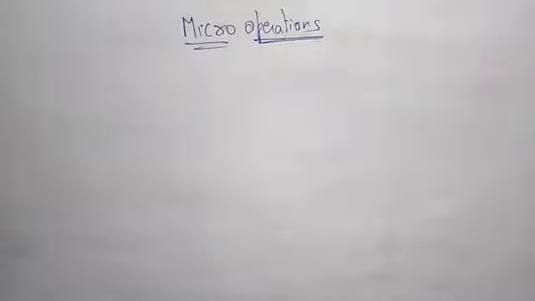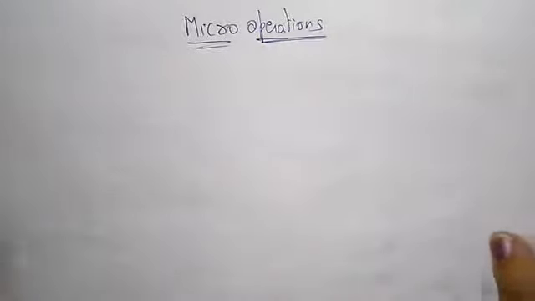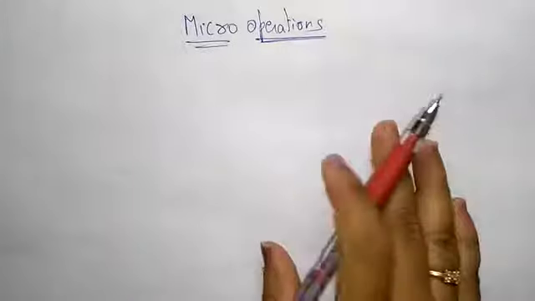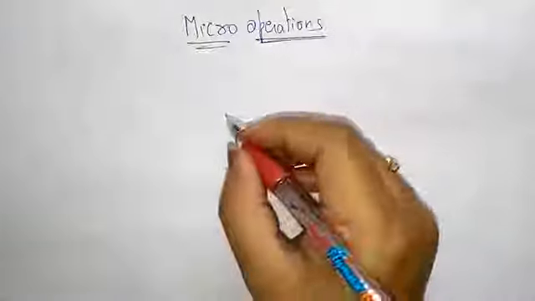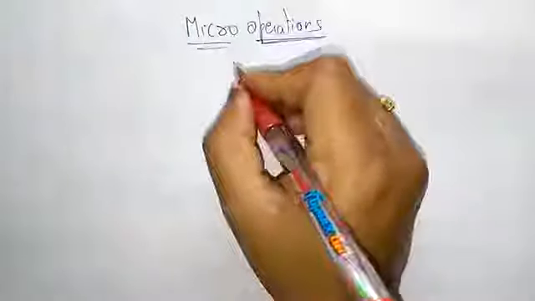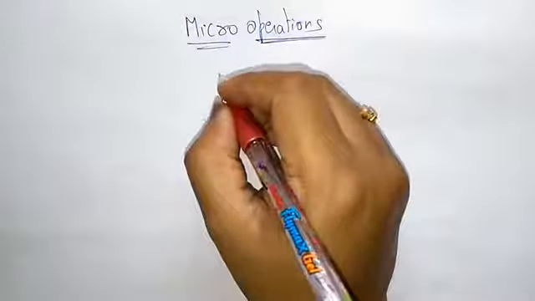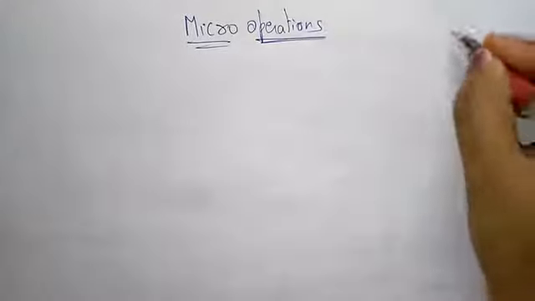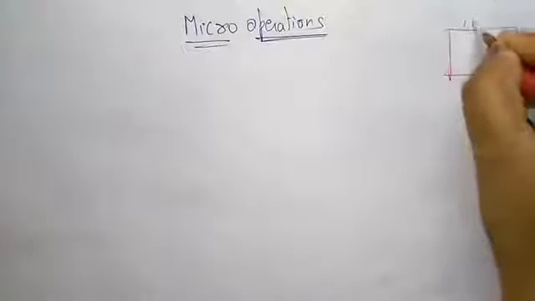Hi students, let us continue with the topic, micro operations. Let us see the introduction to micro operations. The operations executed on data stored in registers are called micro operations. The registers are present in the CPU, the central processing unit.